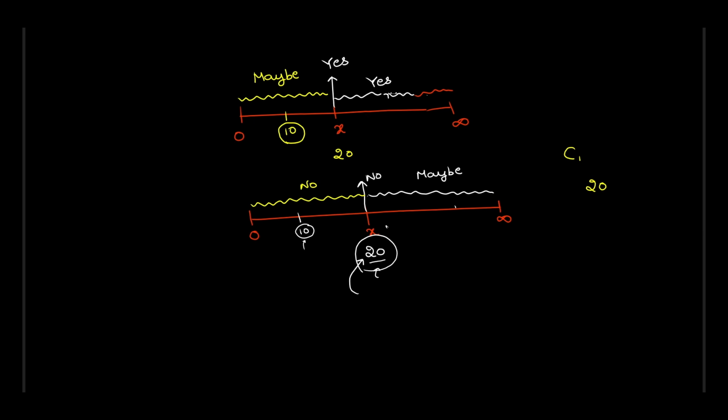So there might exist some configuration where everything is less than 100 or 1000 or something like that. So this nicely splits it into, you get something like this. You get maybe, and then you get all yes, or you get all no, and then you get maybe.